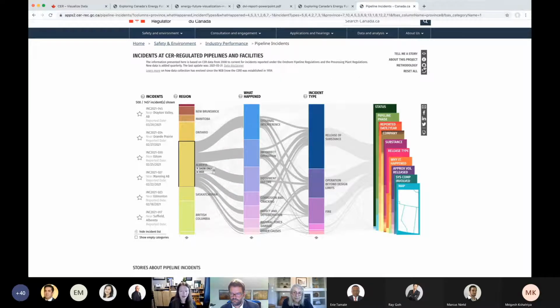We always have a methodology document that explains how the data for the visualization was collected. We always have when the data was last updated, and a way to download the original data file, which was a really big piece of this. It was really important to us that once we do all the work to make the visualization, you can also take that data file and run with it yourself.